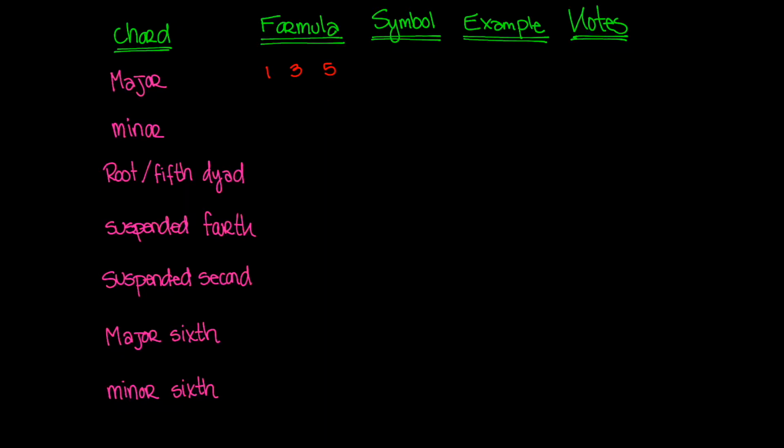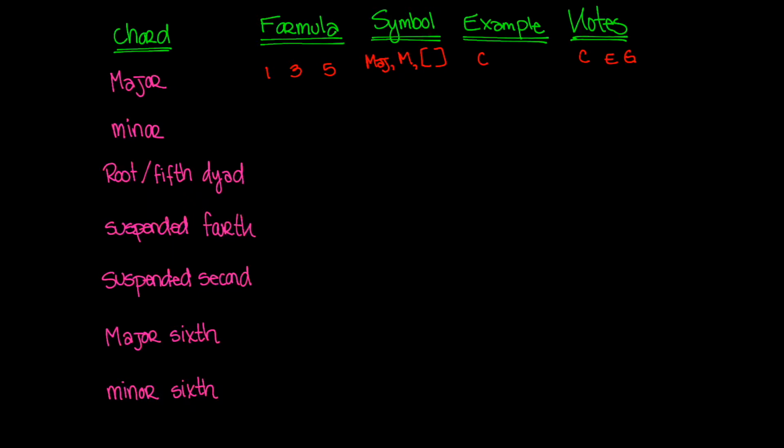The symbol for major a lot of times will just be maj, or it could be capital M, or it literally just could be nothing, right? So just nothing there. And for an example, if we use say the chord C major, we would have the notes C, E, and G. Why? Well, because C is the first degree of the major scale, E is the third degree of the major scale, and G is the fifth degree of the major scale.